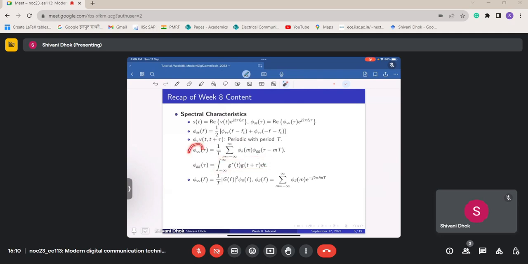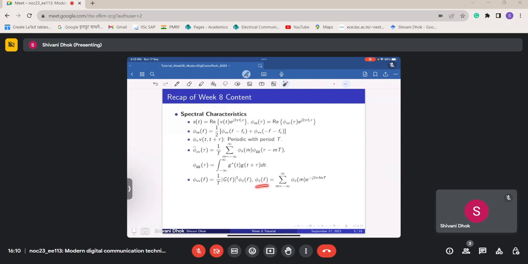The Fourier transform of this quantity gives the PSD, that is the power spectral density, which comes out to be 1 by T magnitude G(f) squared, where G(f) is basically the Fourier transform of this quantity, times phi ii of f.